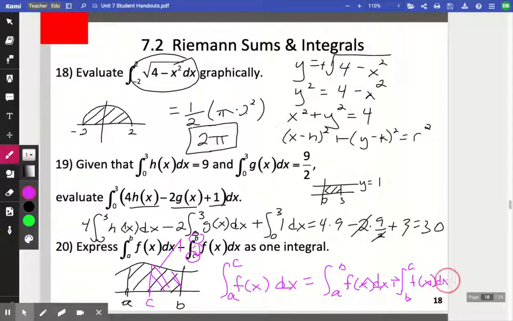And so when we have the same limits on the diagonal, we can join together and we get the integral from a to c. And so this would be our answer. All right, so that is slide number 18.